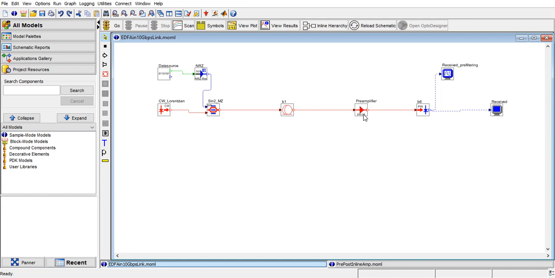Over here it is doped with erbium. So this amplifier is known as an erbium doped fiber amplifier, and you can observe it's written pre-amplifier. It's known as a pre-amplifier because it is just placed before the receiver, and at the receiver, as you can see, the optical signal gets converted back to the electrical signal for measurement.